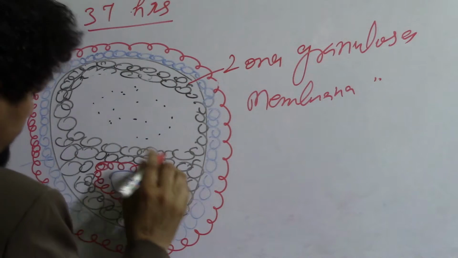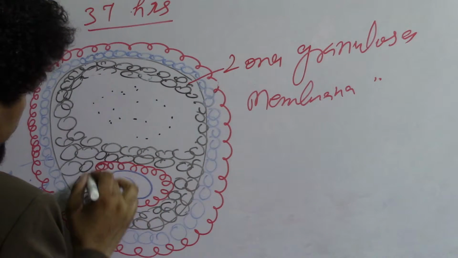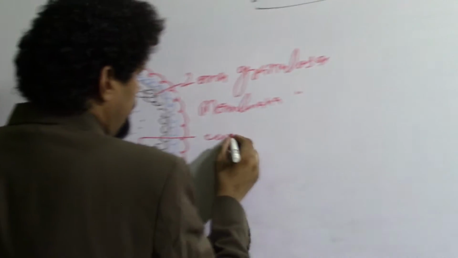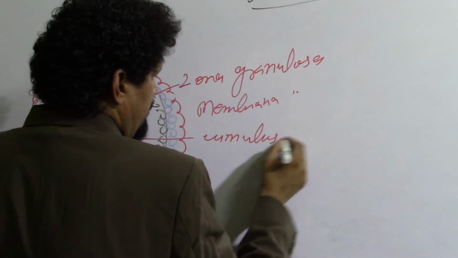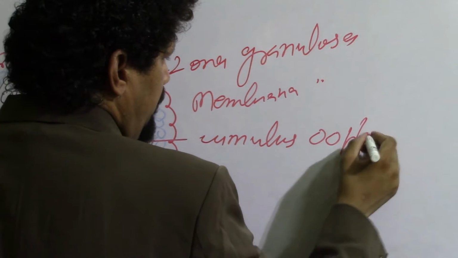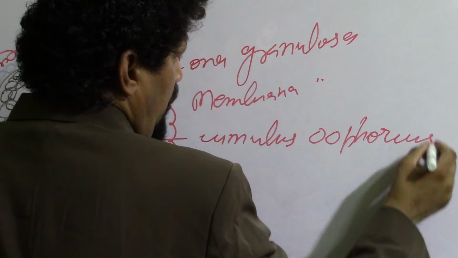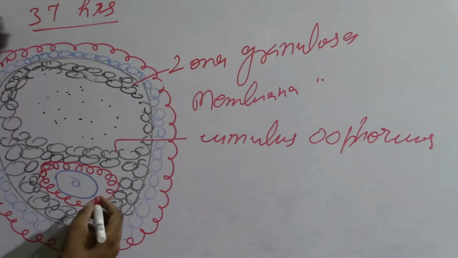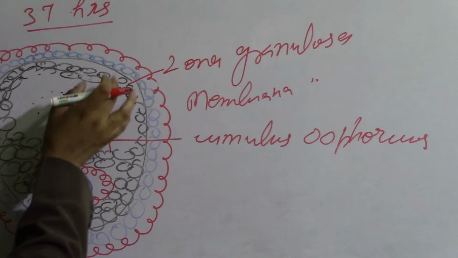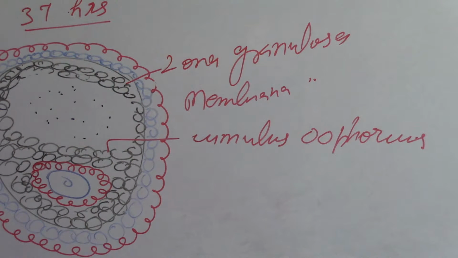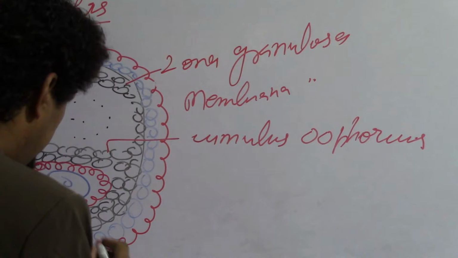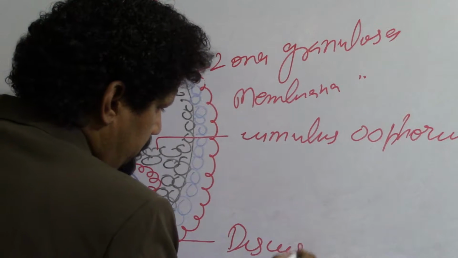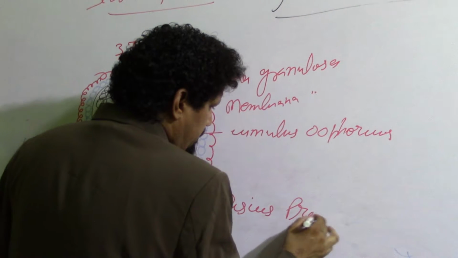These cells surrounding the zona pellucida and primary oocyte are known as cumulus oophoricus or cumulus ovaricus, and these cells which are connecting the outermost of granulosa cells and the developing primary oocyte are known as discus proligerus.